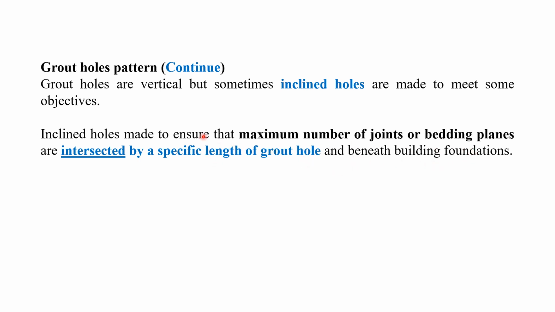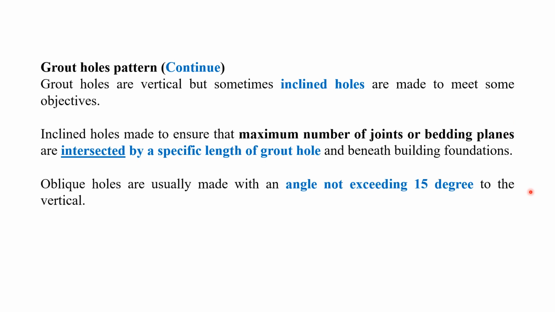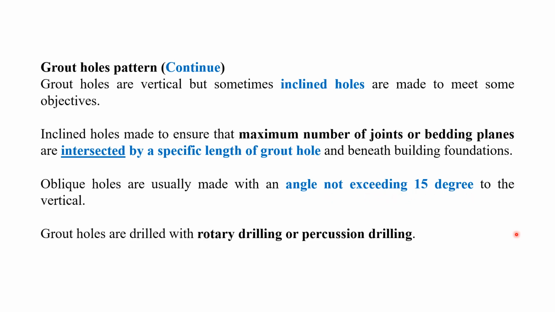See, inclined holes, we are going to make them for the grouting so that we can cover as much area as possible. Maximum area can be covered for the grouting. Oblique holes, that is the inclined holes, are usually made with an angle not exceeding 15 degrees to the vertical. Grout holes are drilled with rotary drilling or percussion drilling.